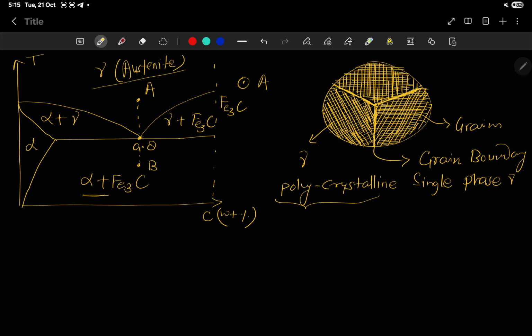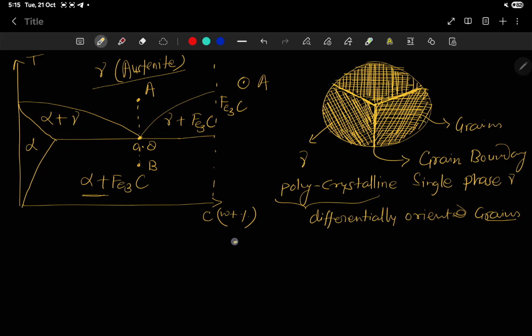You can see these grains are oriented differently. So polycrystalline means differently oriented grains. Okay, so this is the microstructure for point A.